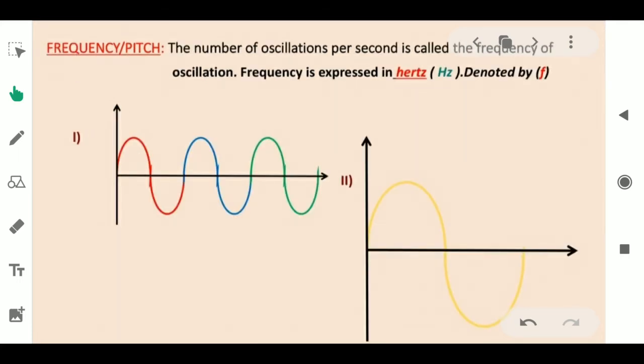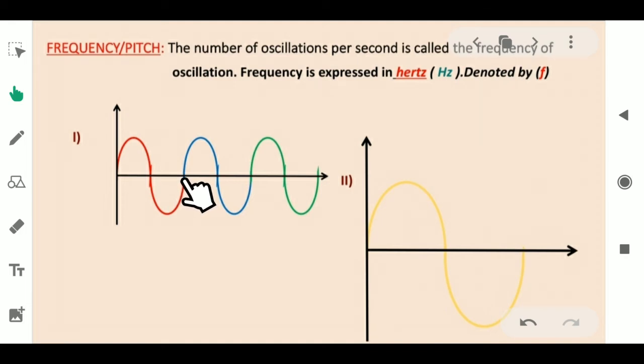Then what do you mean by frequency? The number of oscillations per second is called the frequency of oscillation. So just consider a sound wave like this. In the first case, one oscillation means starting from this position and ending at this position. This is what we call an oscillation.